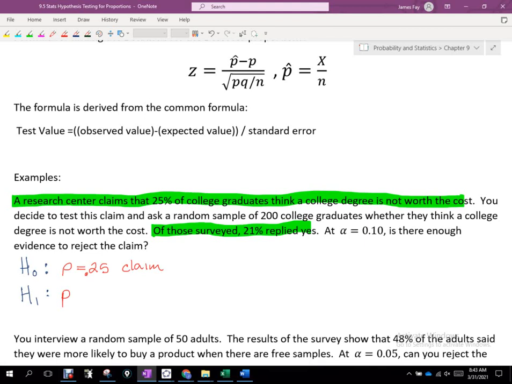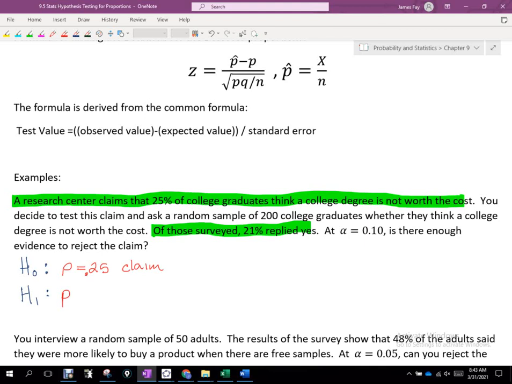Now, it says you decide to test the claim and ask a random sample of 200 college graduates whether they think a college degree is not worth the cost. Of those surveyed, 21% replied yes.